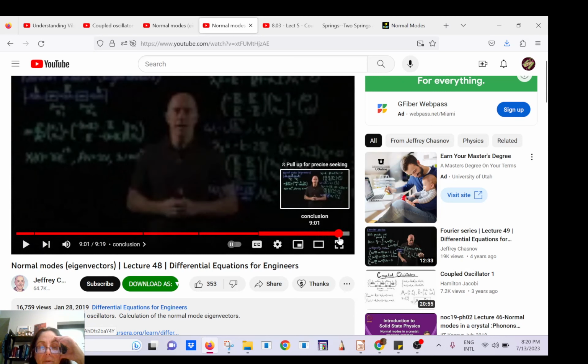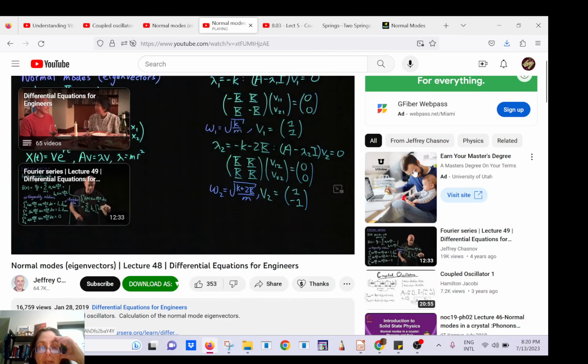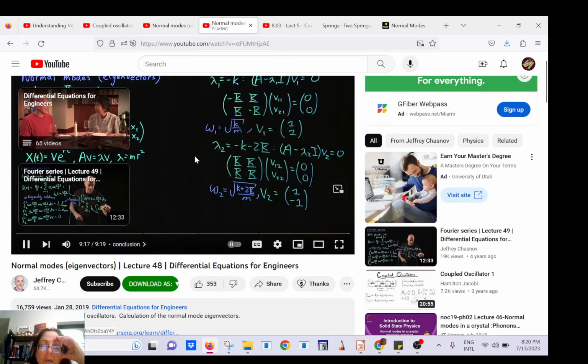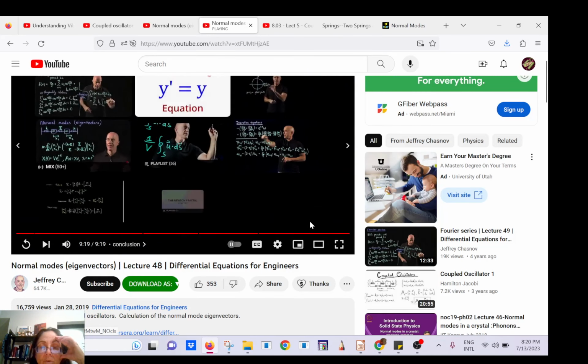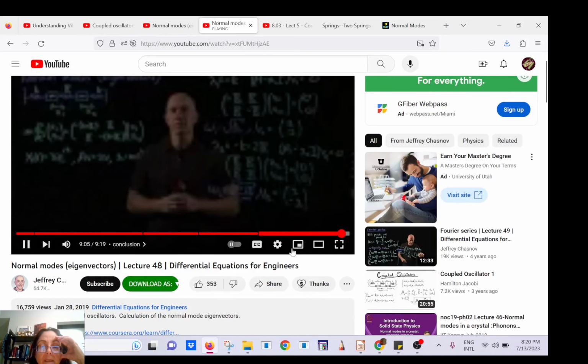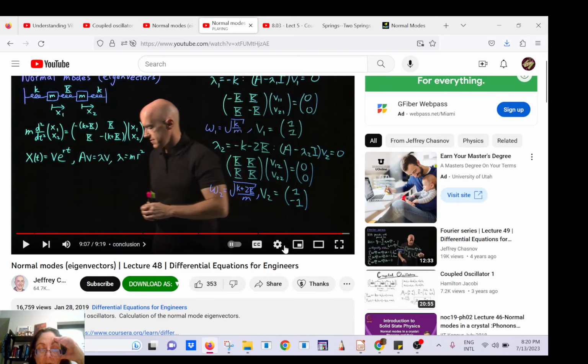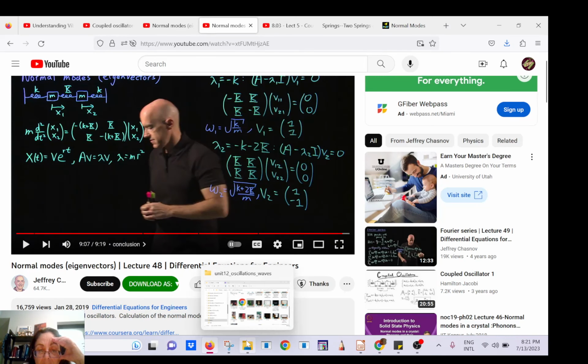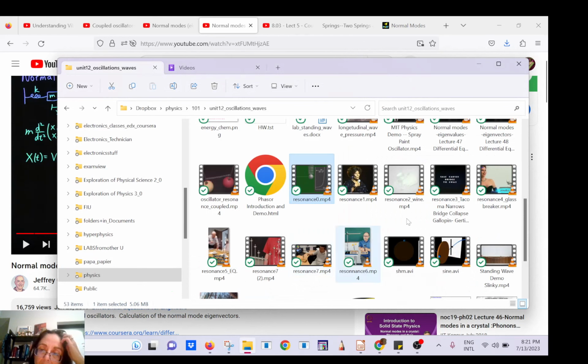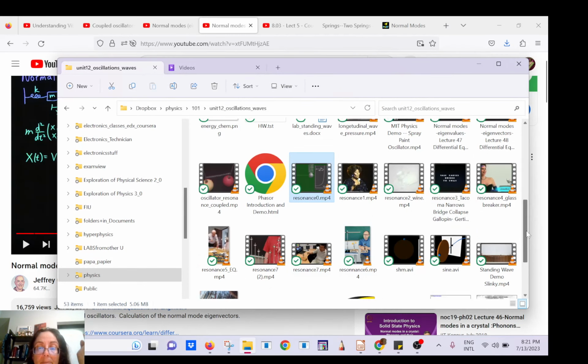So if you go to the last part of the video, you see that you have your 2 resonant frequencies, the 2 natural frequencies here. In the next video, actually, I have it. So anyway, that's just for those who want to be engineers and want to learn how to do it. It's not that hard. It's just linear algebra.